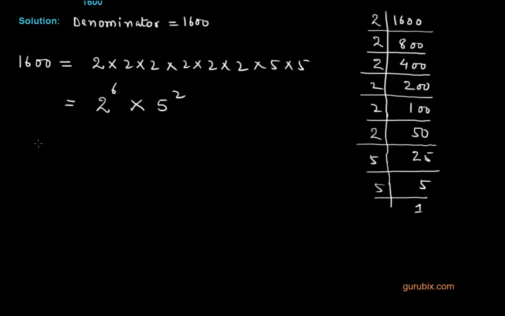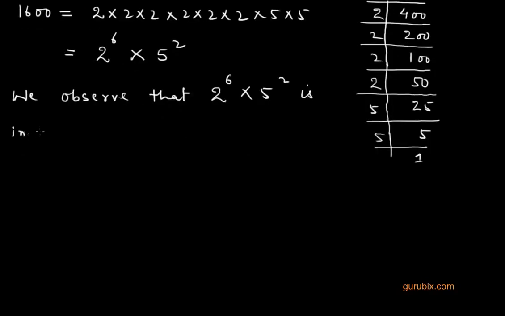Now we observe that 2 to the power 6 multiplied by 5 to the power 2 is in the form of 2 to the power m and 5 to the power n, and there is no other prime number in the prime factors of 1600.